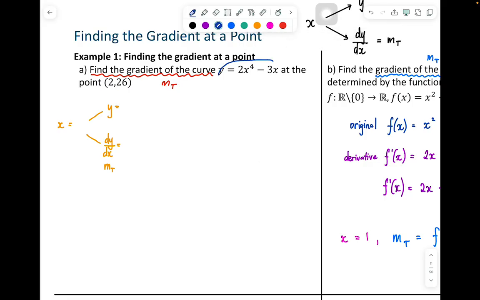Since we have the original equation, we need to find the gradient of the curve. And if we're finding gradients, then it is the derivative dy dx. This gives us our gradient at any single point. So we're going to differentiate this first.